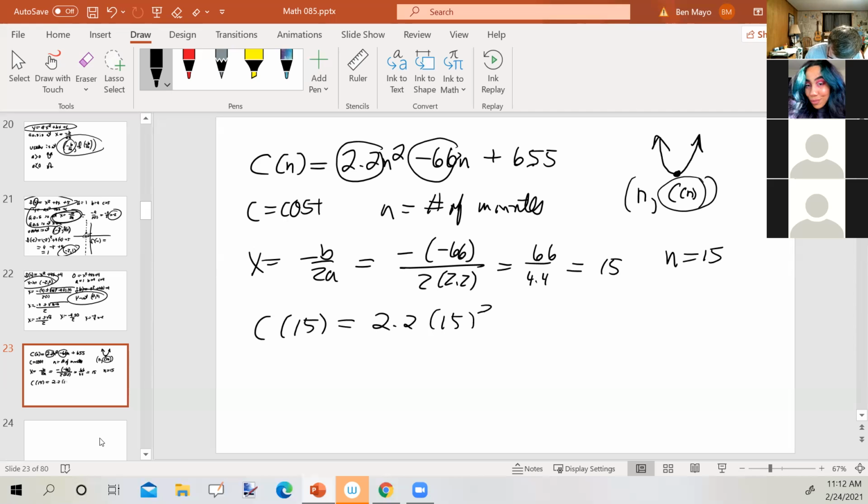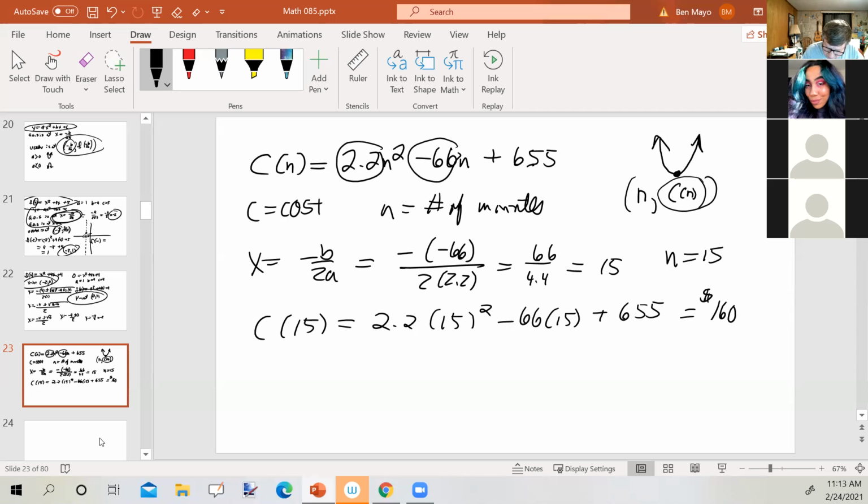2.2 times 15 squared minus 66 times 15 plus 655. I'm going to punch all that into the calculator. Minus 66 times 15 plus 655. And I come up with 160.